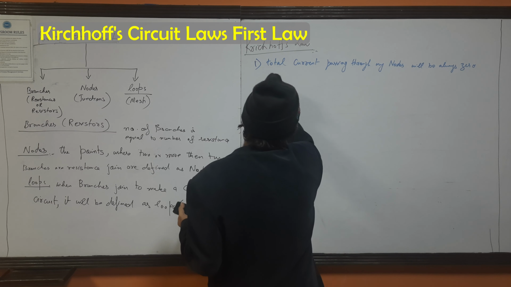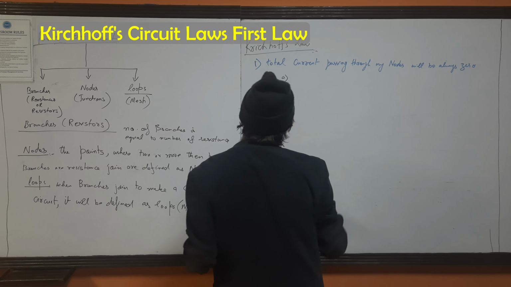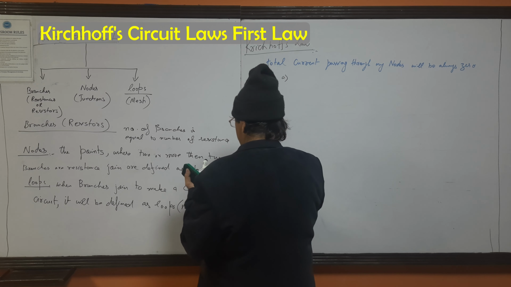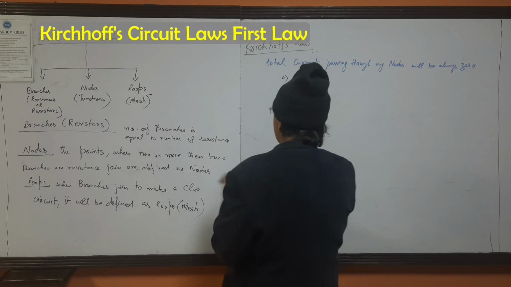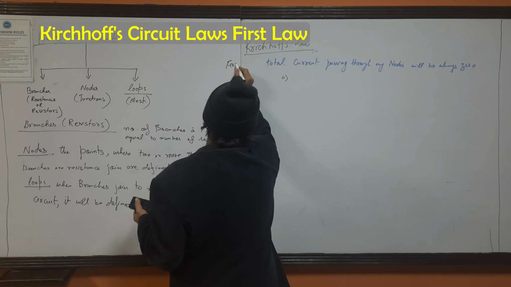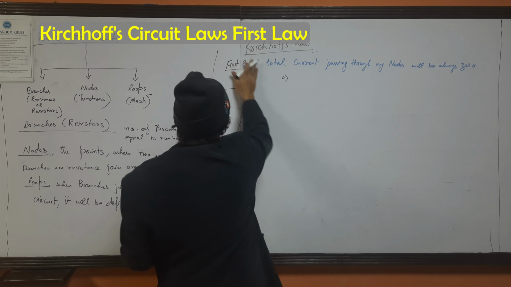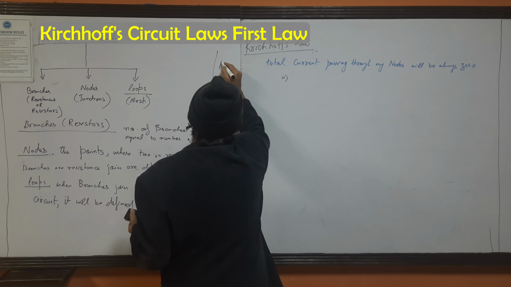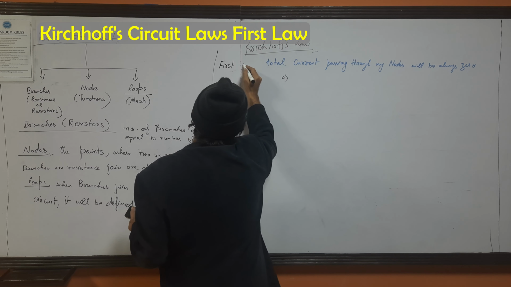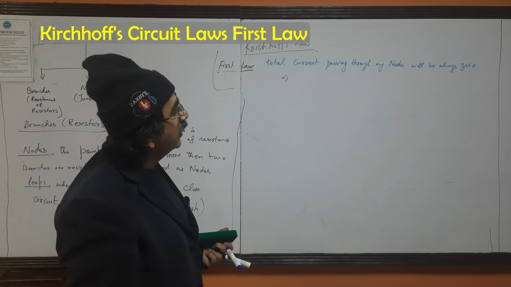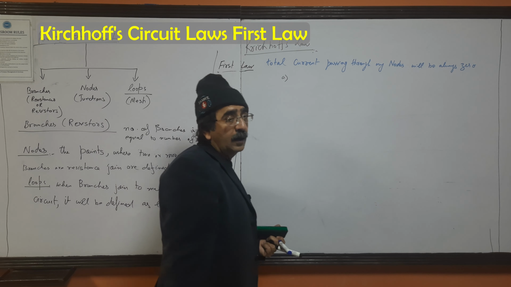Secondly, what is the meaning of this? So the first law is total current passing through any node will always be 0.